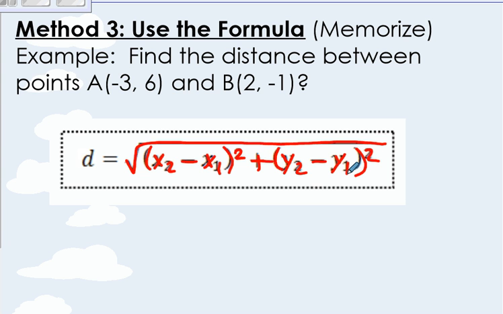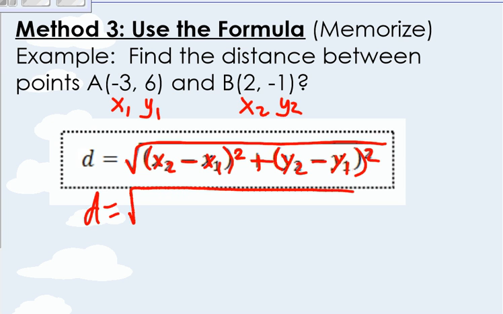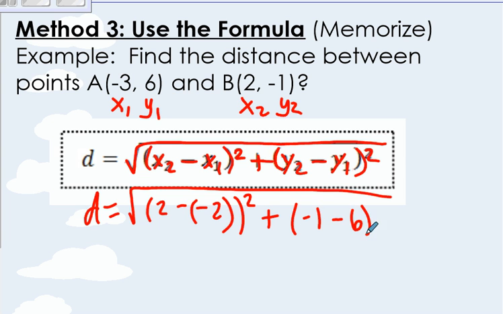So now we can just label our points, just like we did with slope, and we plug it into the formula. So we've got 2 minus a negative 2, squared, plus negative 1 minus 6, squared.